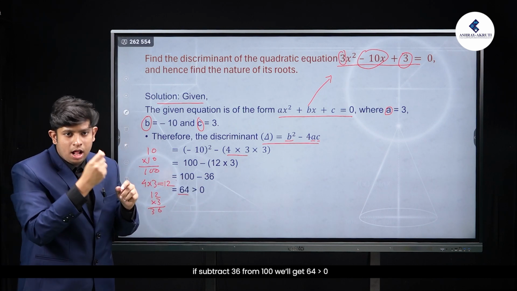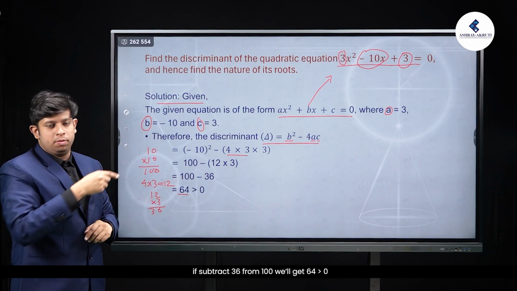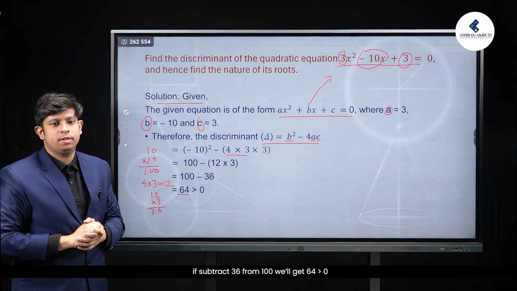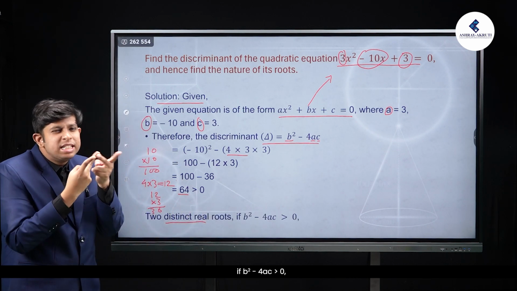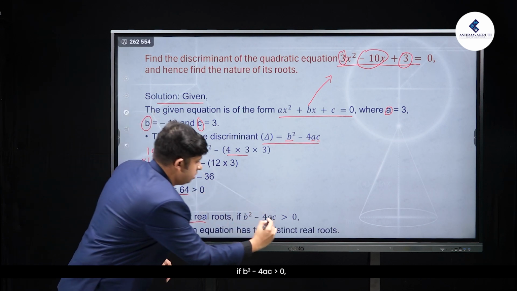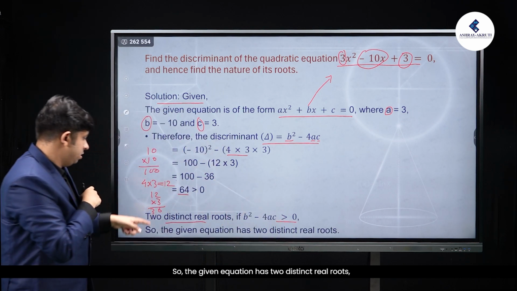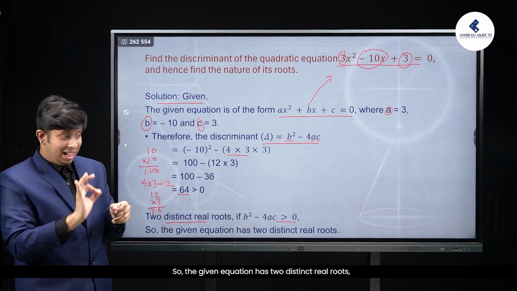If we subtract 36 from 100, we will get 64, which is greater than 0. Two distinct real roots if b square minus 4ac is greater than 0. So, the given equation has two distinct real roots.